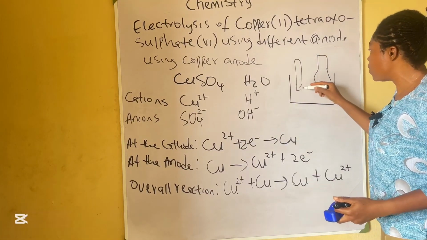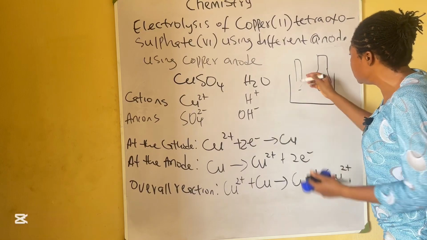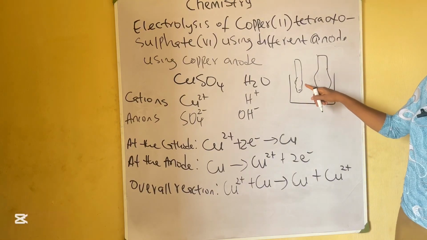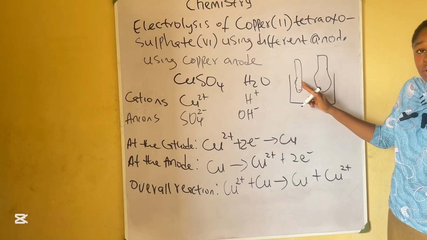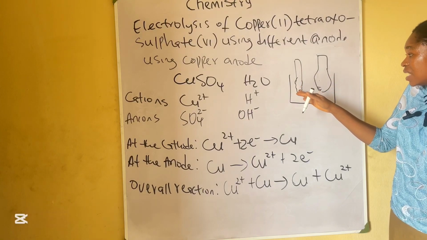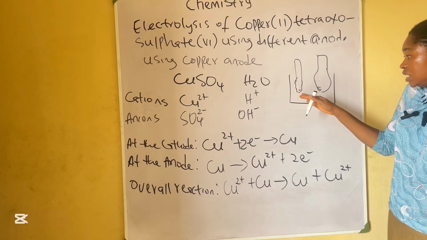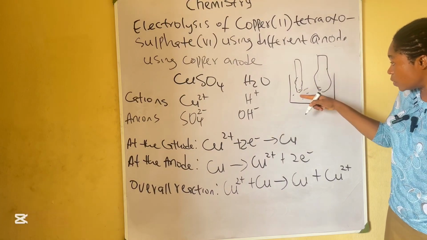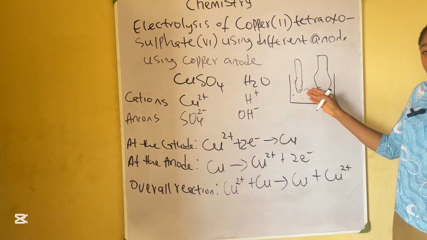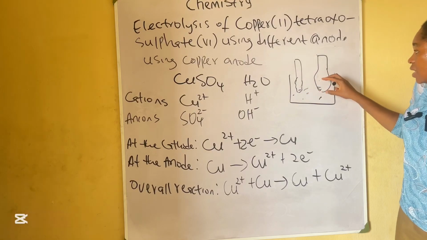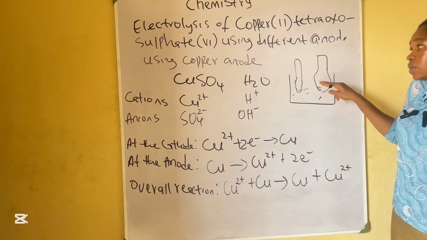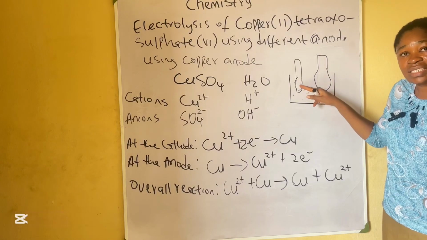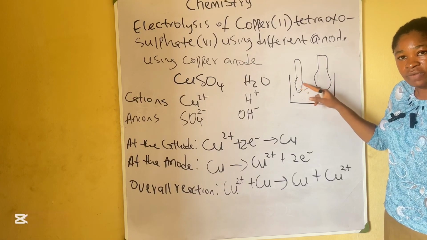You can see the electrode for the anode is decreasing in size, because it dissolves in solution as copper 2 ion and is deposited at the cathode. So at the end of the reaction, the mass of the cathode will increase, while there will be a decrease in the mass of the anode.